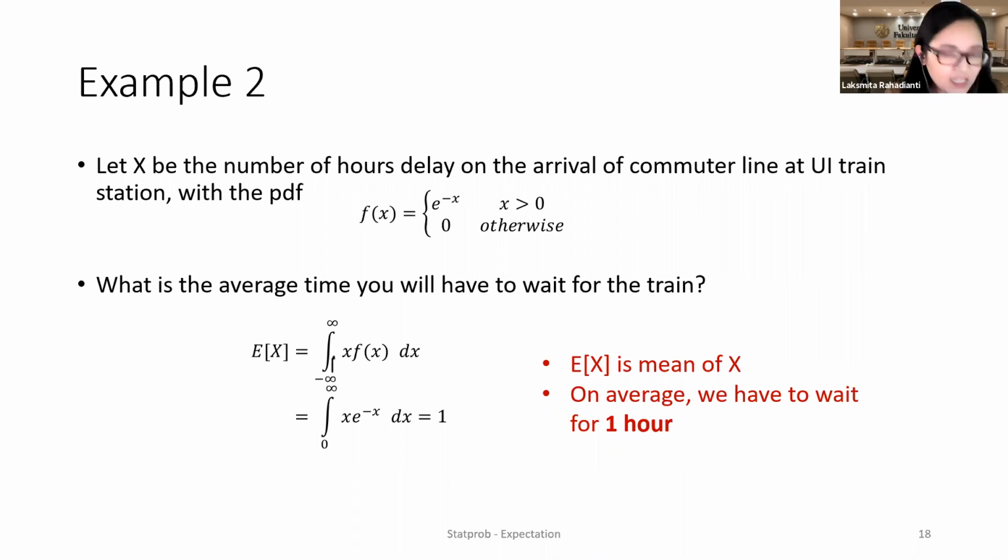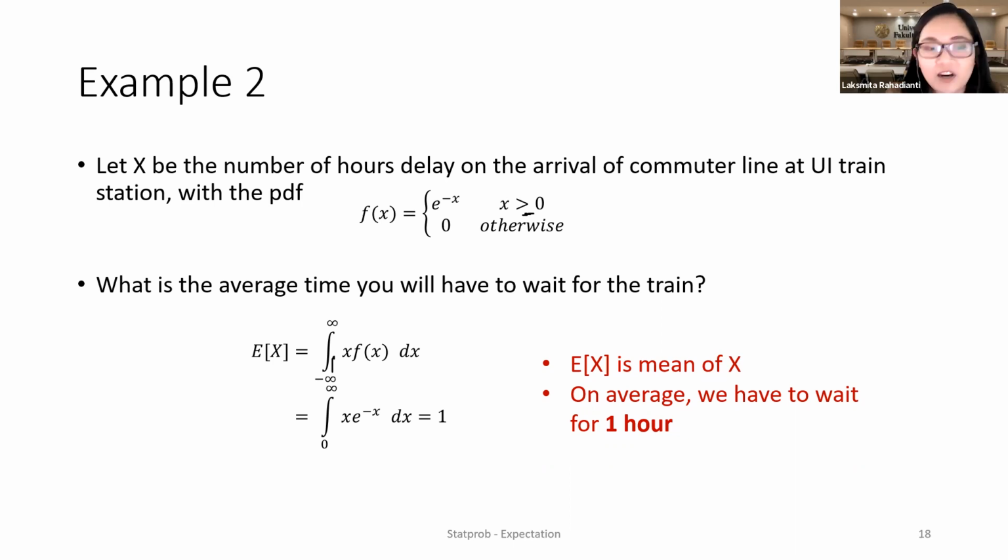Since our function here is only valid for x larger than 0, we can put the lower limit as 0, but our upper limit is still infinity because it doesn't have an upper limit in this range here.